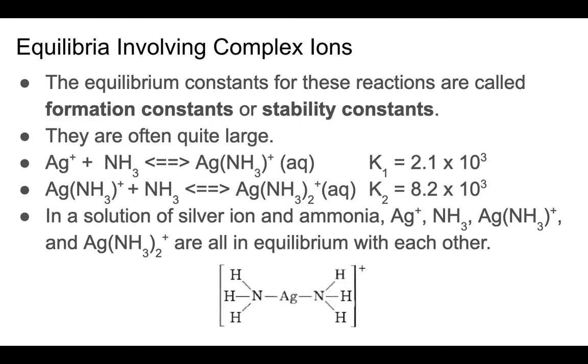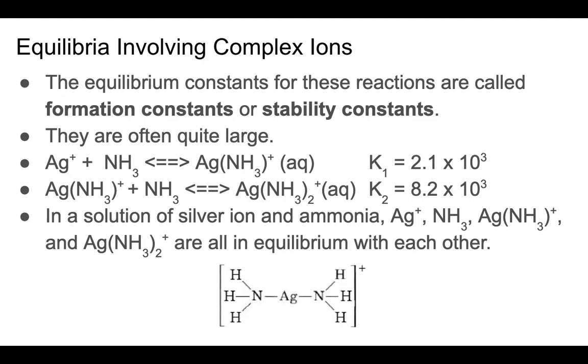Equilibrium constants for these ligands to surround these ions, the equilibrium constants for those reactions go by a couple of names. They're sometimes called formation constants, or they're sometimes called stability constants. Now they're often quite large, and this large size is important because it allows these ions, which typically form from dissolving of a relatively insoluble ionic compound, to be bound, and basically that removes them from the right side of the equation, and that shifts the equilibrium to more solubility.